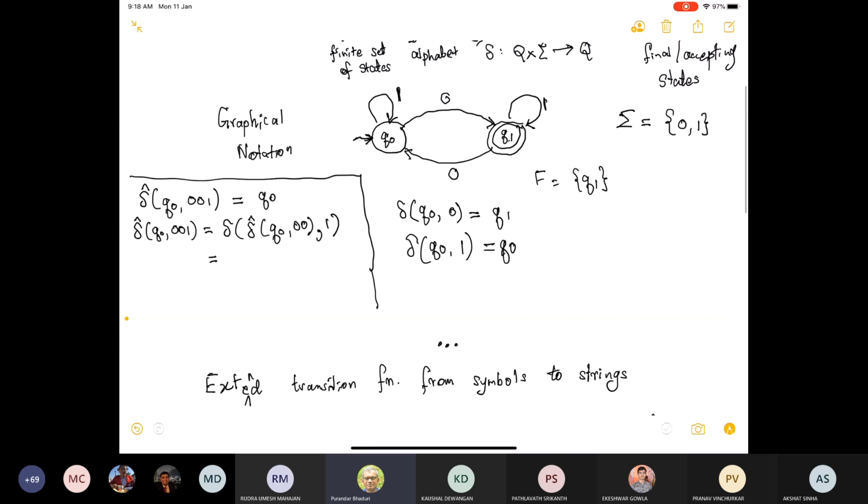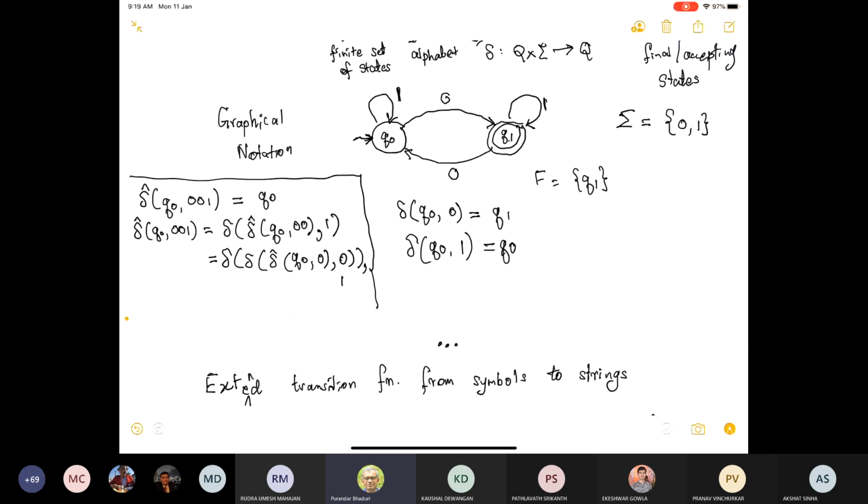And this in turn is delta, another delta here, and delta hat Q0, 0, comma 0, and you have to close the parenthesis here, and 1, right?